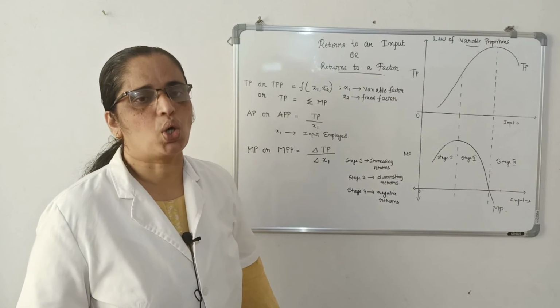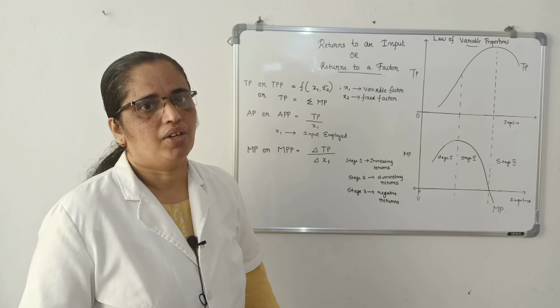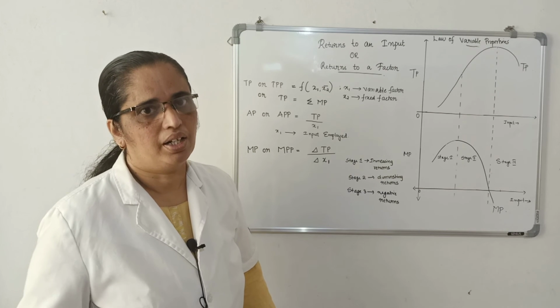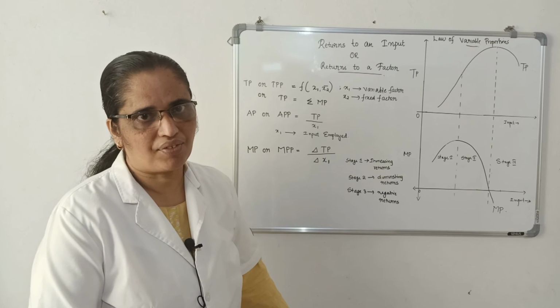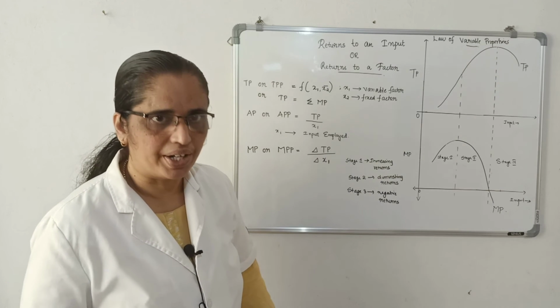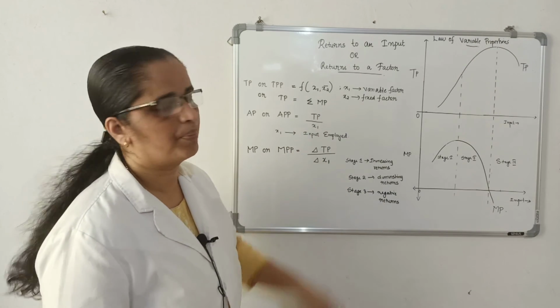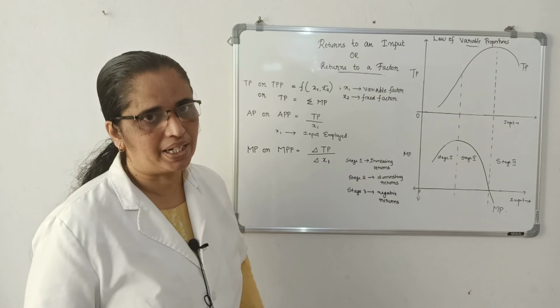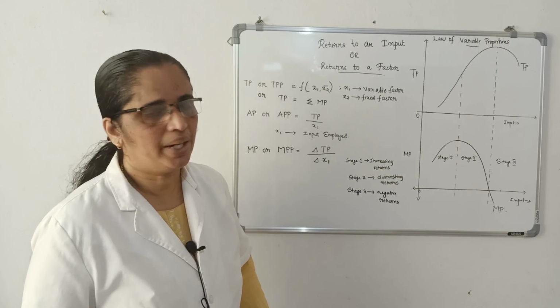That is short run production. Fixed factors are fixed. Okay? Some factors are fixed, other factors are variable. For example, X1, labor, variable factor. X2, capital, fixed factor. Okay?